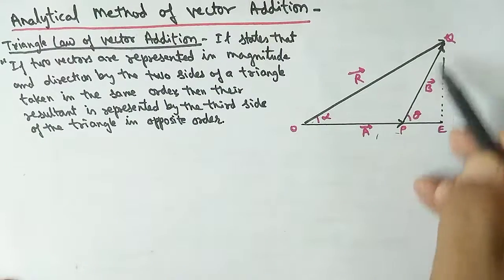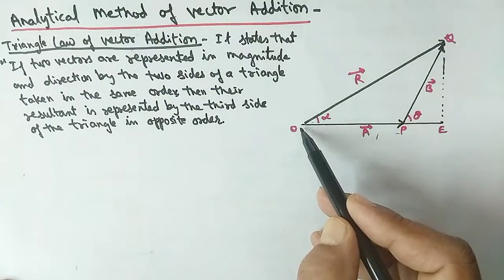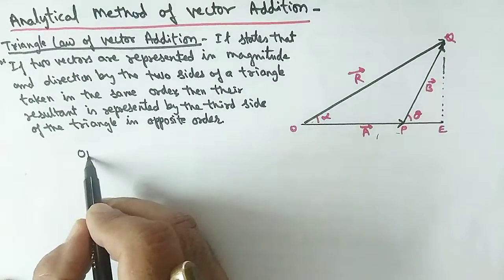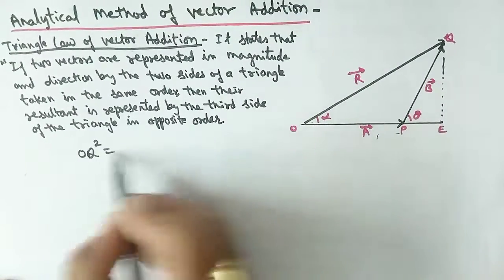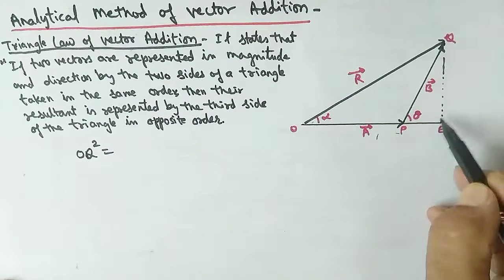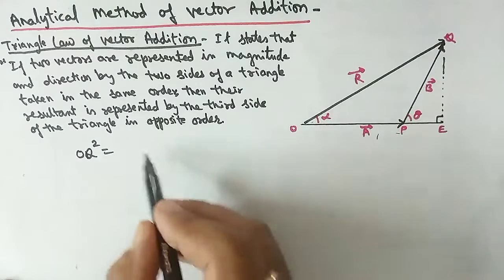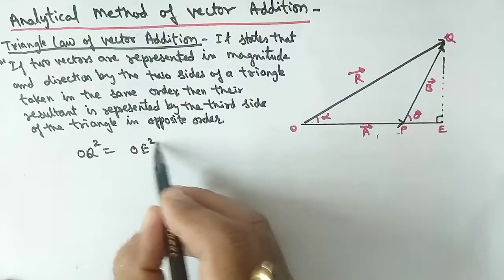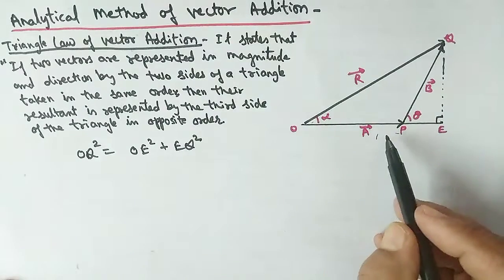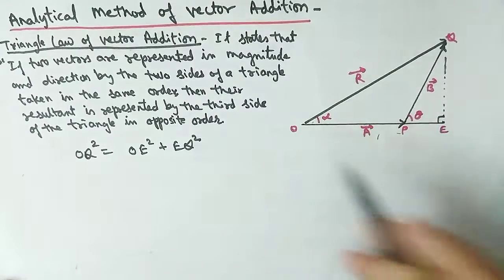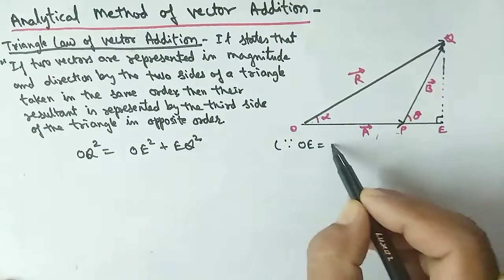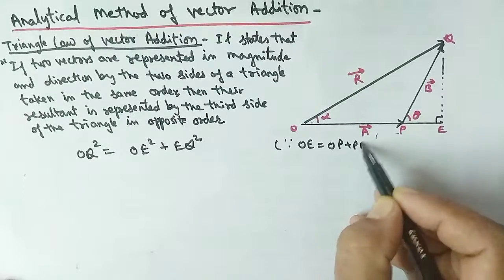If you see this triangle, using Pythagoras you can see here OQ square is equal to OE square plus QE square. Okay, it is the perpendicular, so it is equal to OE square plus EQ square. Now OE is equal to OP plus PE.